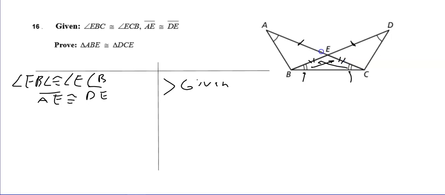And then we also have some vertical angles going on here. So look what we have. Side, angle, side, side, angle, side. Now we just need to justify it all. So first off, we said that EC and EB were equal.